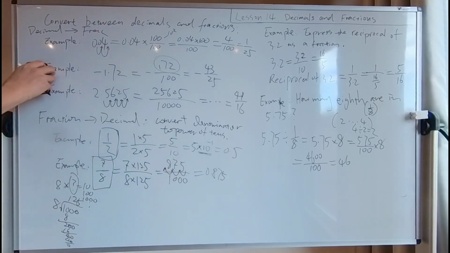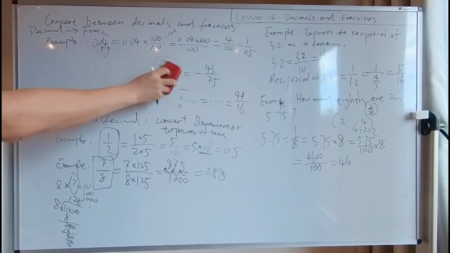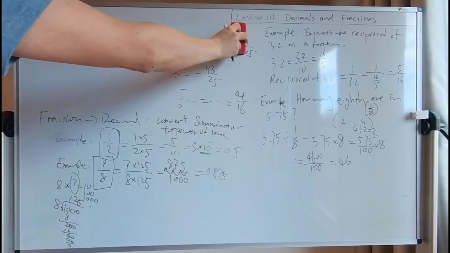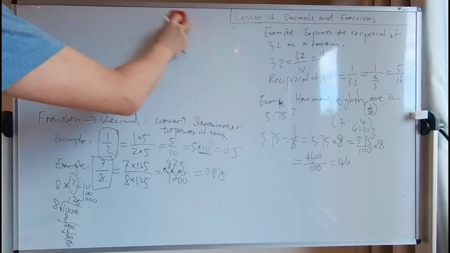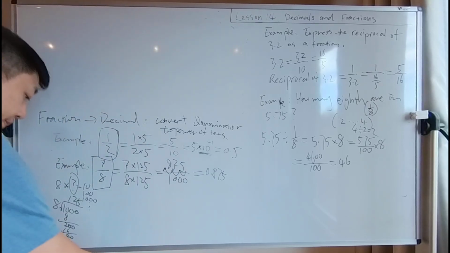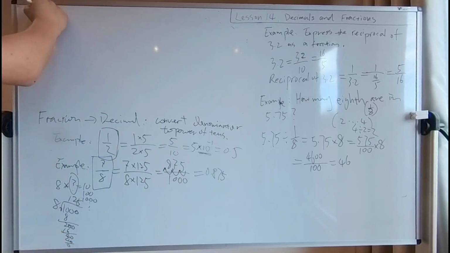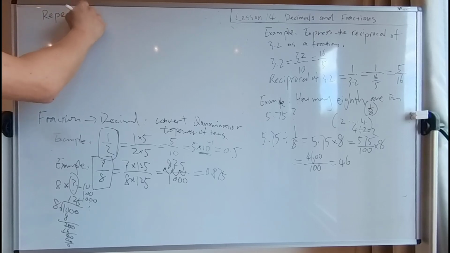But there are also cases where you cannot write a fraction with a limited number of digits. Some decimals could have infinitely many digits. That we call repeating decimals.